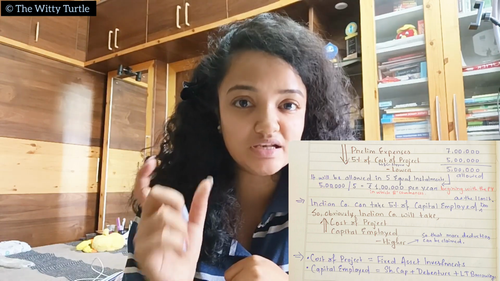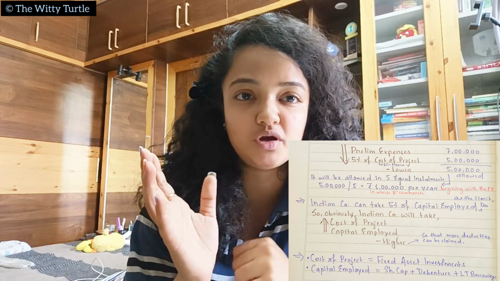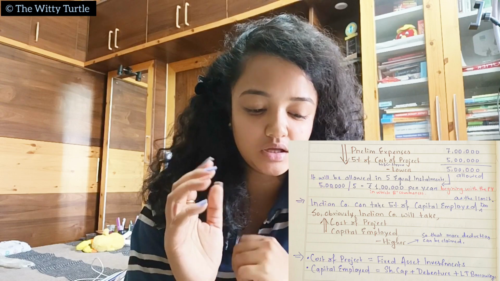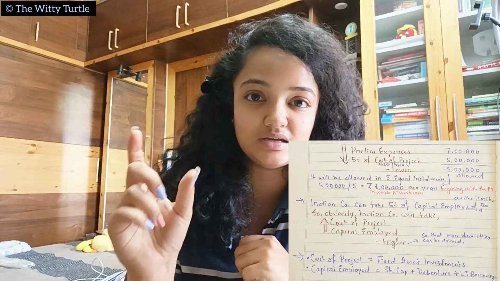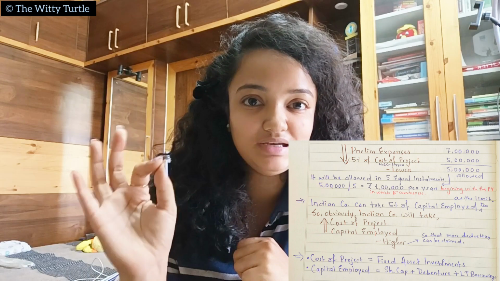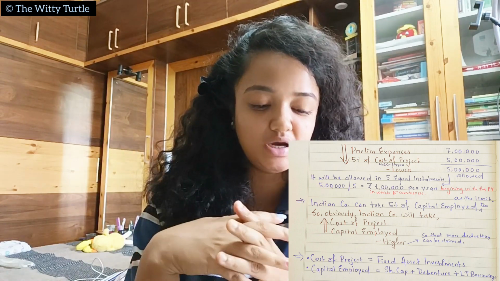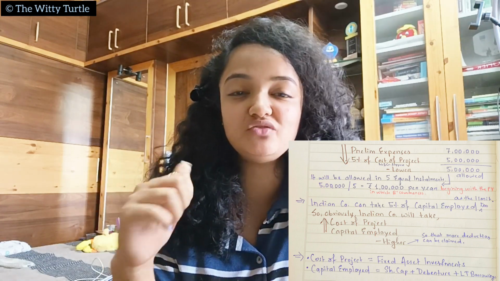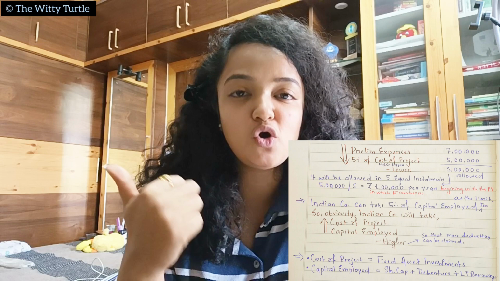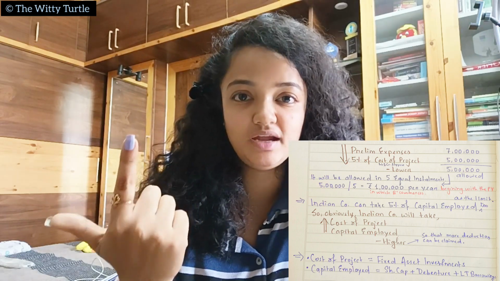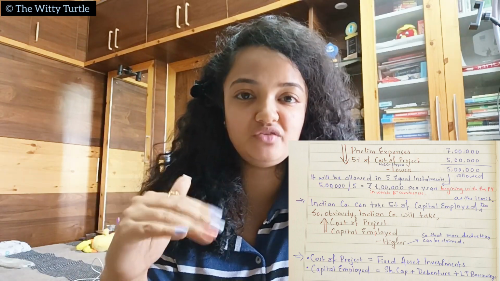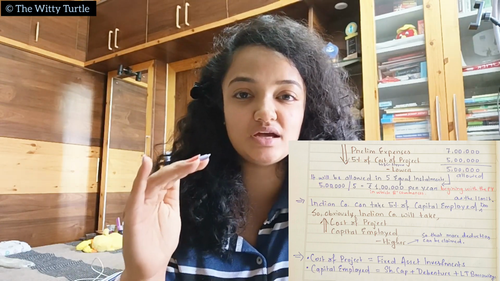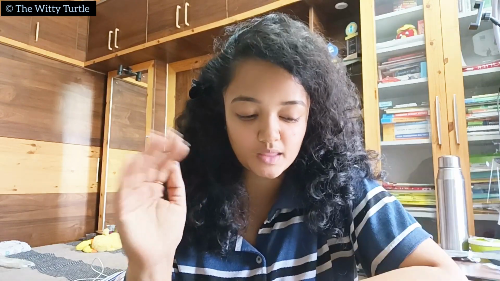For Indian company, the limit is 5% of your capital employed. So obviously now Indian company has an option whether it will choose 5% of cost of project or 5% of capital employed, right? So whichever is higher between the two, that will be known as the limit of preliminary expenses allowed in case of Indian company, right?